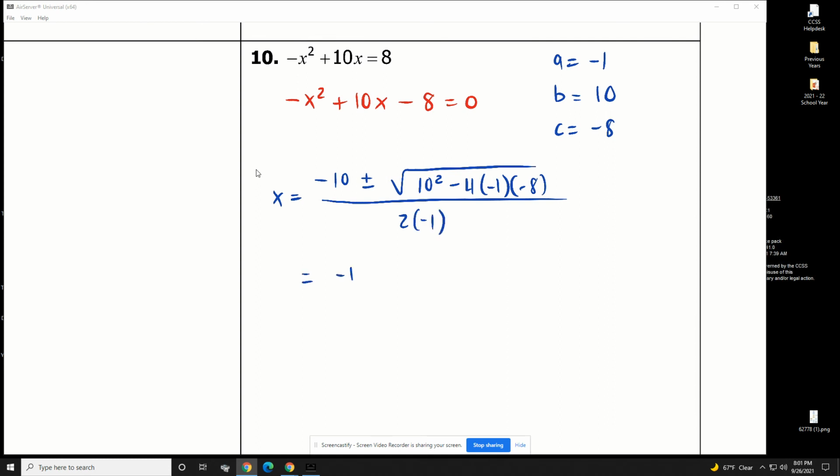So we've got -10 plus or minus the square root of, let's just reduce what's inside of here like I've told you I want you to do. 10 squared minus 4 times -1 times -8 gives me a 68. And all of this is divisible by -2.